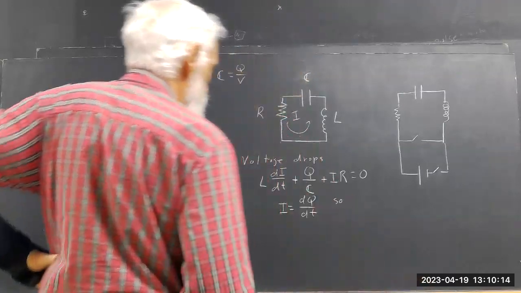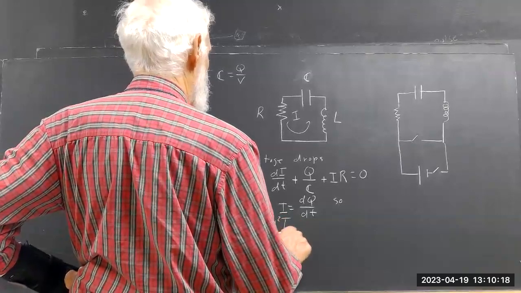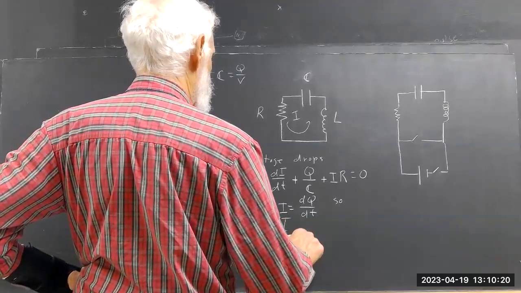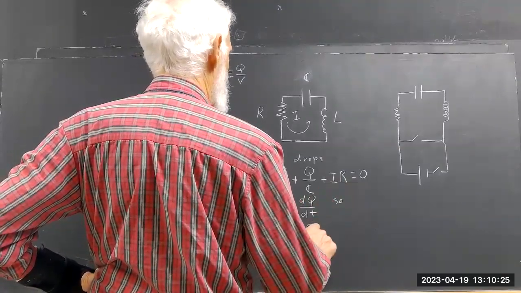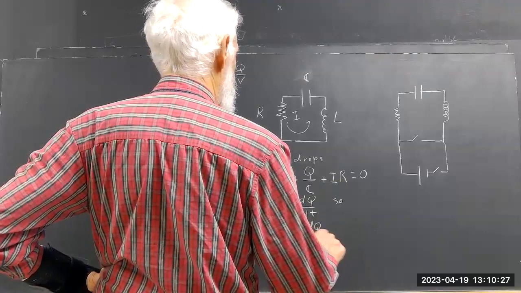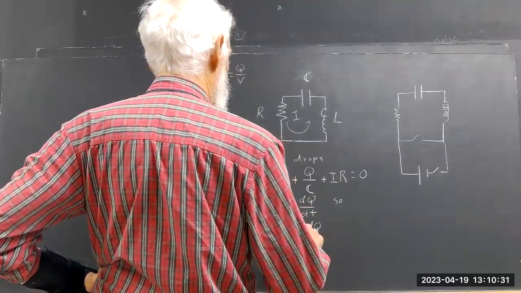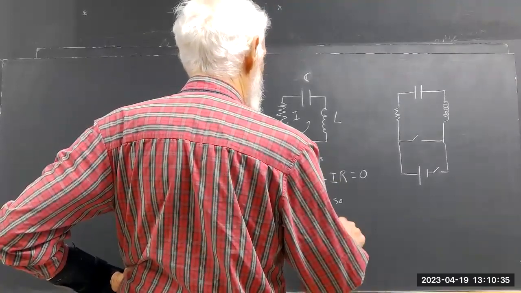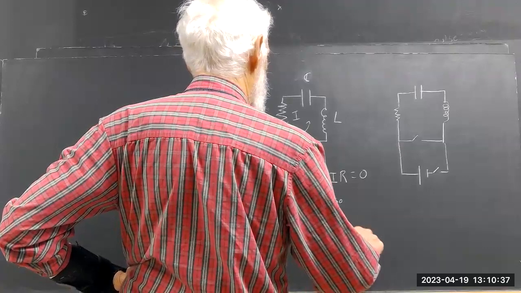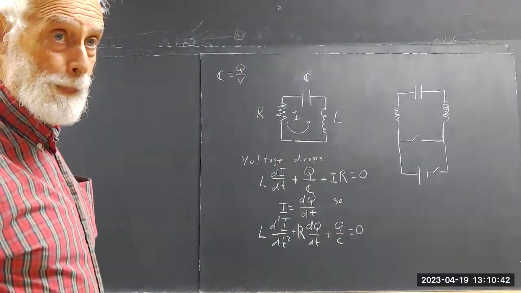And that tells us that we've got L times the second derivative with respect to t, plus IR, well, that's R dQ/dt, plus Q over C equals 0.